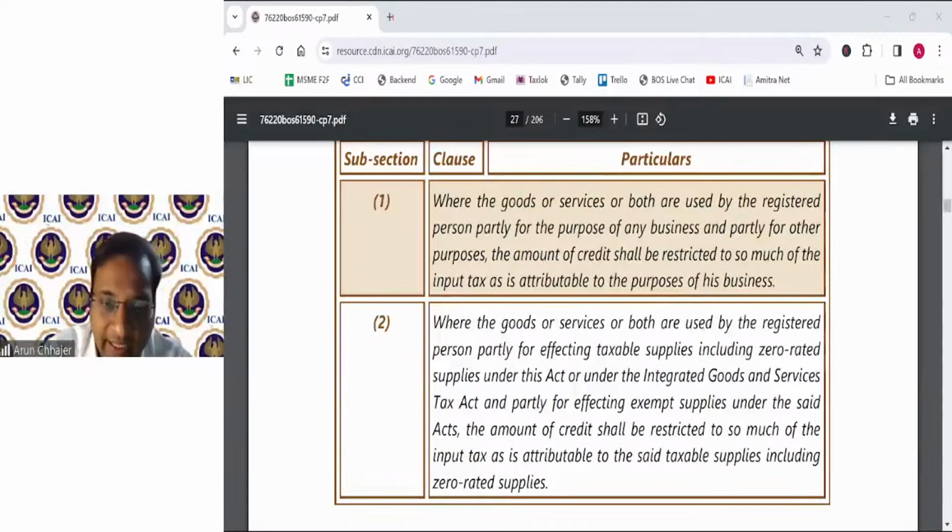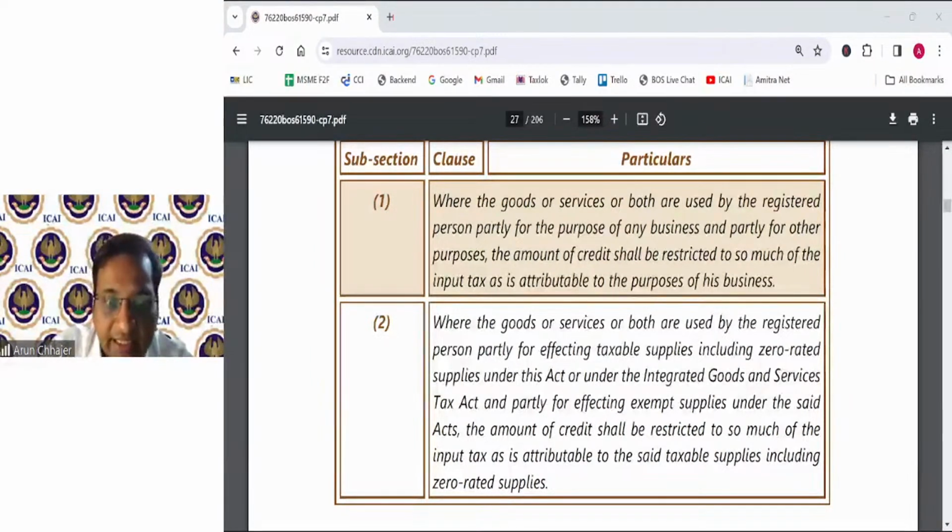It means if it is business and other, then we will take the ITC to the extent of the business, for which we have two rules in place, Rule 42 and Rule 43. My question: what is the difference between Rule 42 and Rule 43?